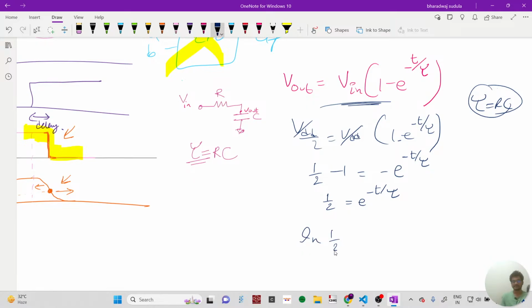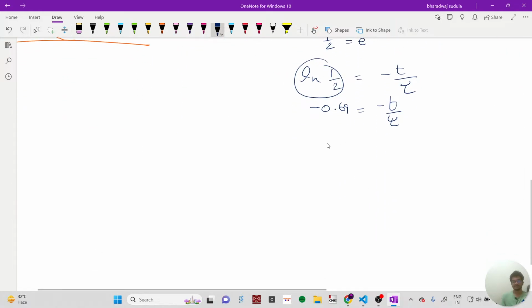Natural logarithm of 1 by 2 gives minus t by tau, so this is minus 0.69 and minus t by tau. Thus we get time as 0.69 tau.